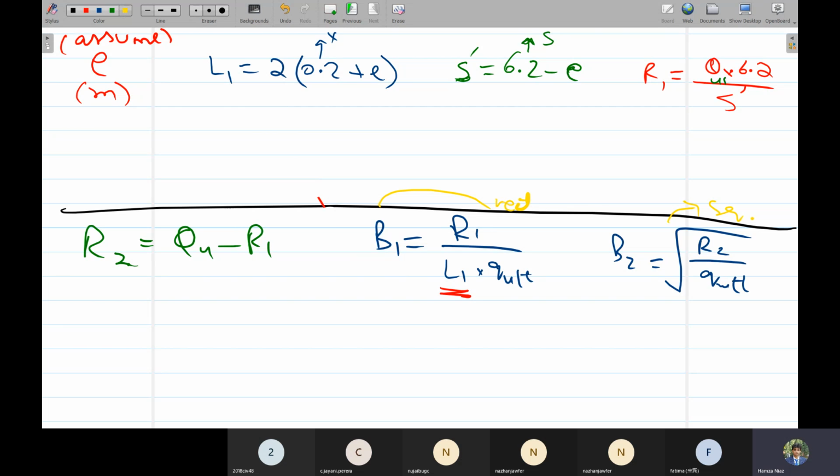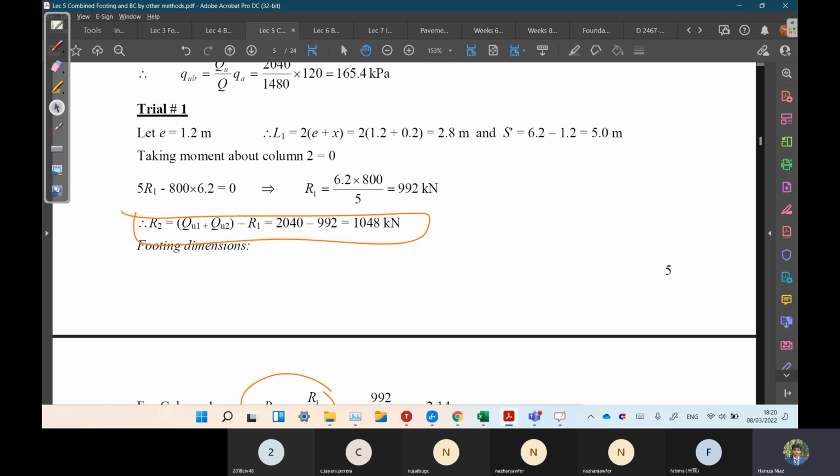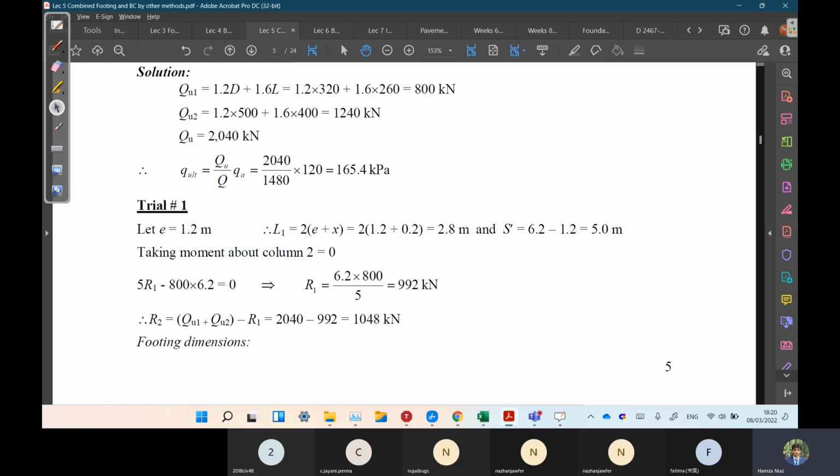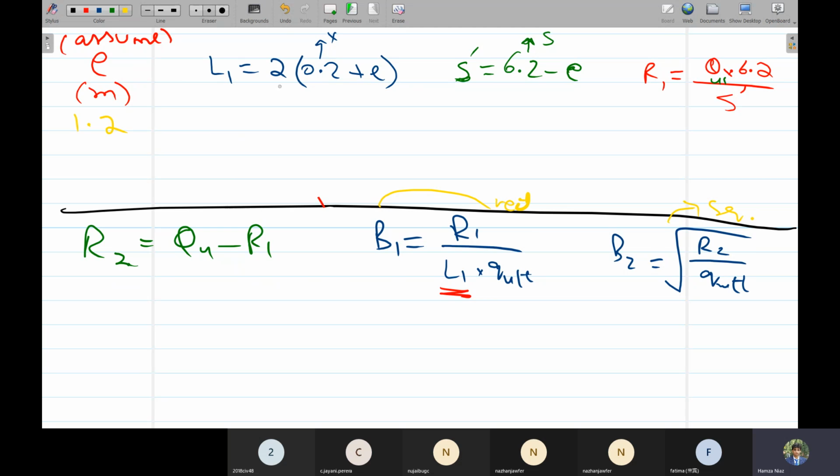So first we are going to assume some value of E. For example, they have taken 1.2 meters. So for E equal to 1.2 meters, our L value would be 1.2 plus 0.2, 1.4 into 2, that is 2.8 meters. We can calculate S bar as 6.2 minus 1.2, that is 5 meters.